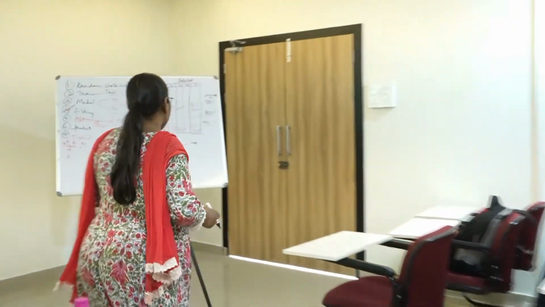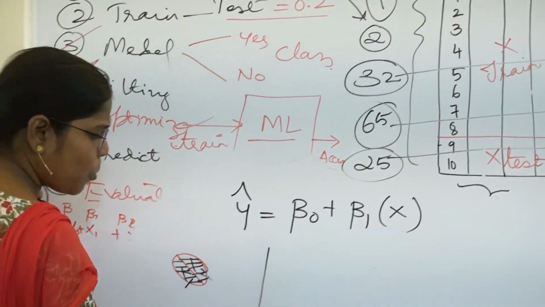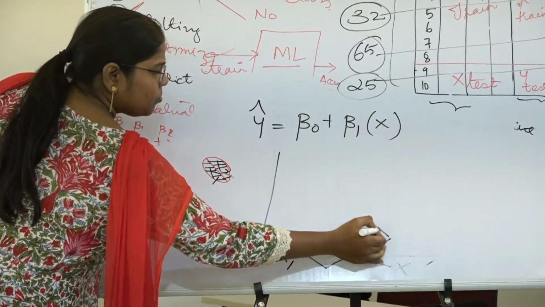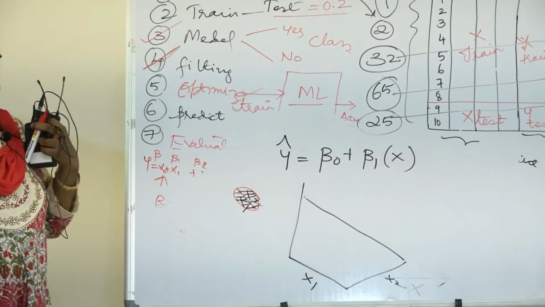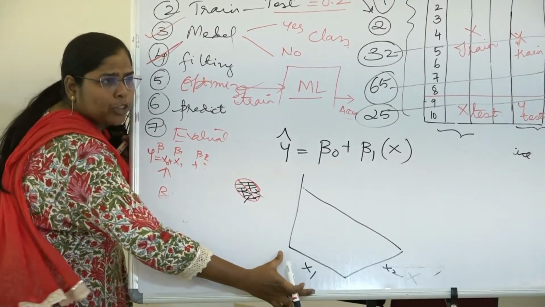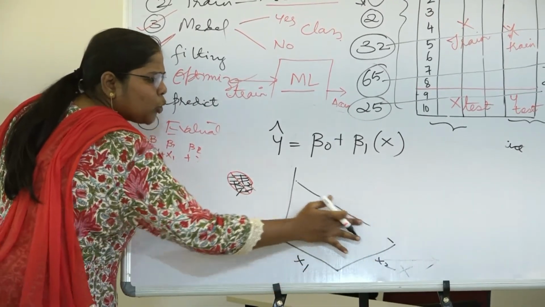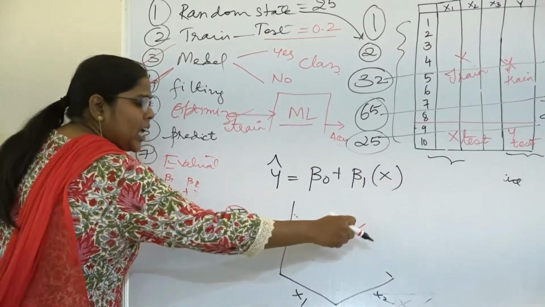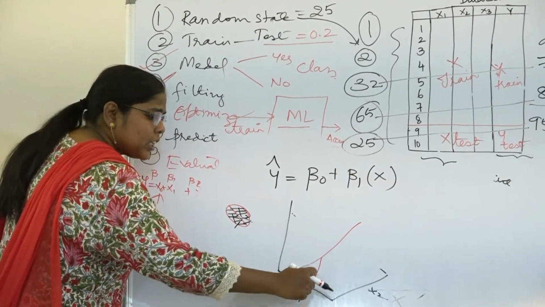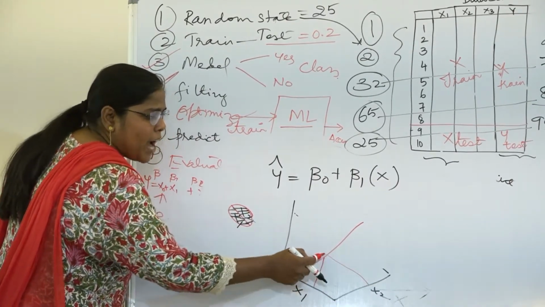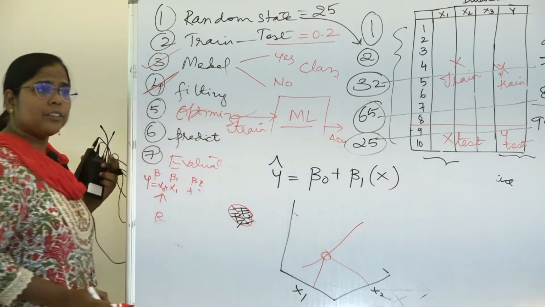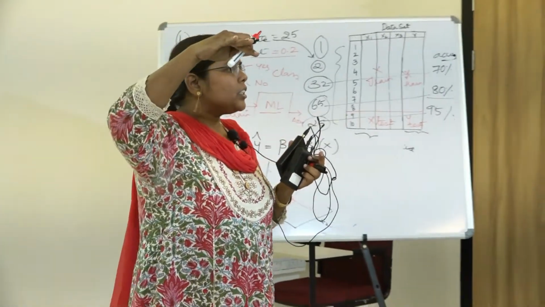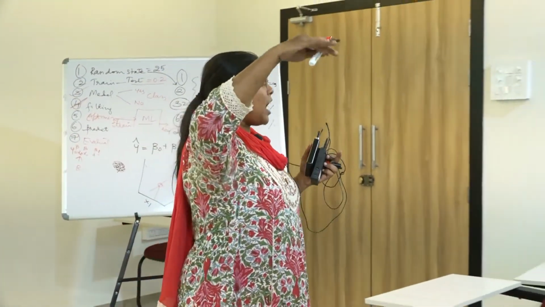Let me take, this is about x1, this is about x2. I have an x1 feature, I have an x2 feature. Where am I fitting the line? I am fitting the line with the y-axis, x1 and also y-axis. Means somewhere in the surface, always we are fitting the line.